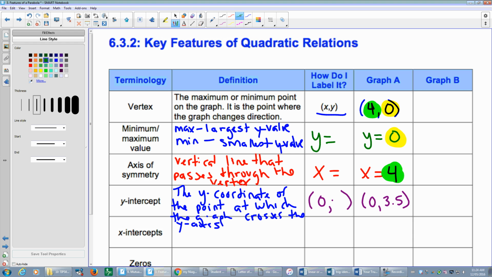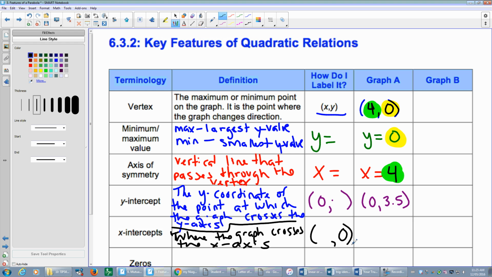The next one that we'll do is where the graph crosses the x-axis. And you'll always write that as something, 0.